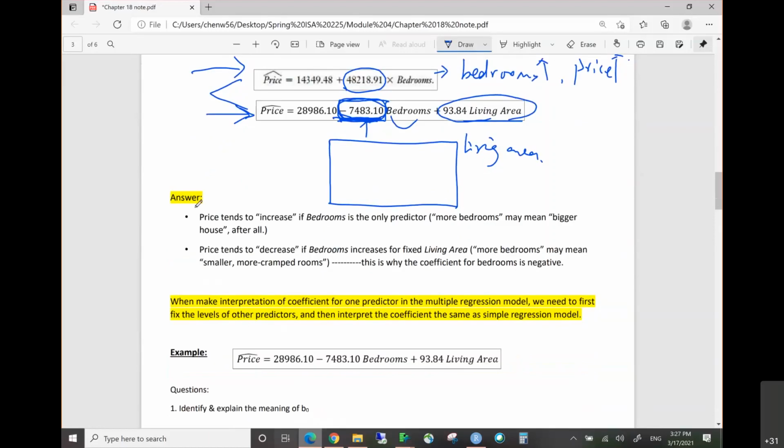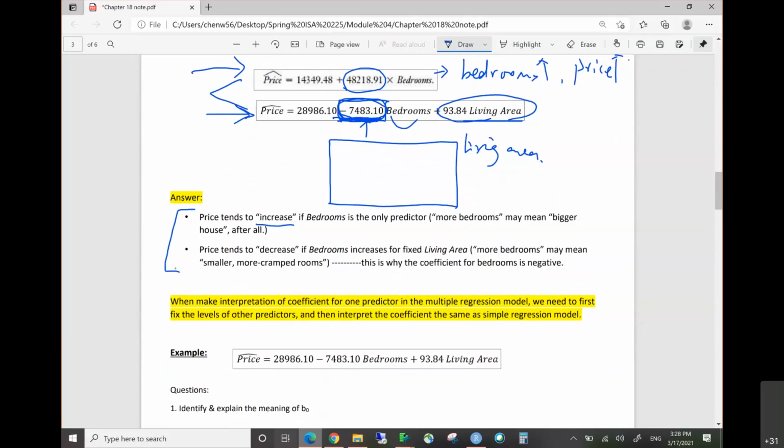So let's just summarize a little bit. The price tends to increase if the number of bedrooms is the only predictor, as in our simple regression. Of course more bedrooms means a bigger house, so the house price will increase, and the coefficient of the bedrooms will be positive.